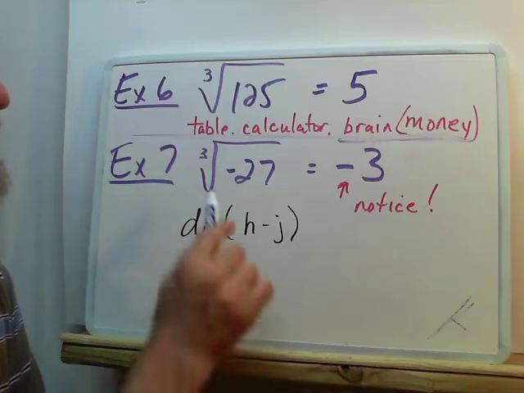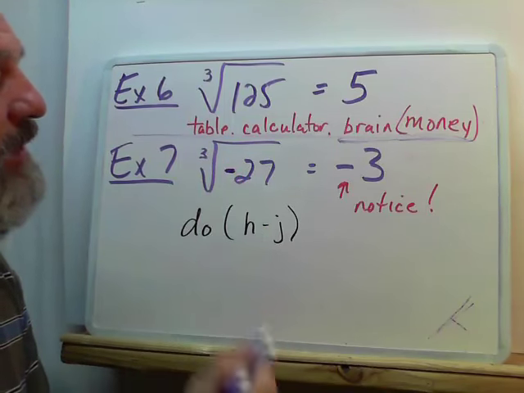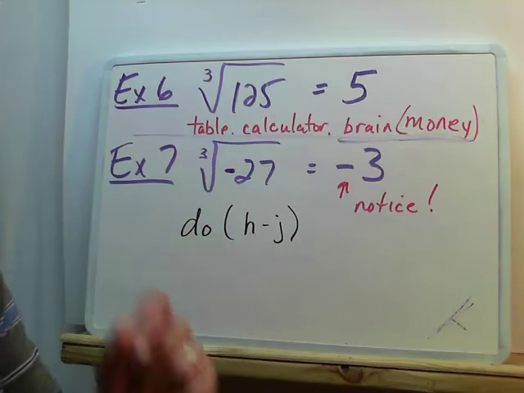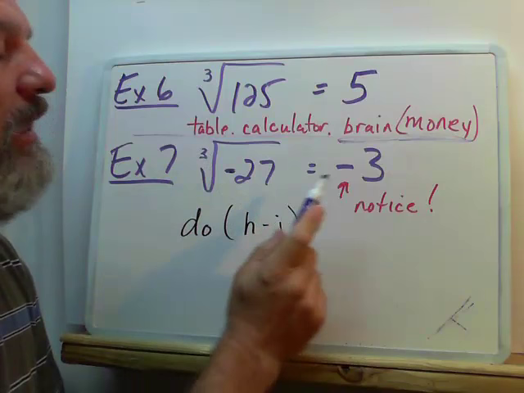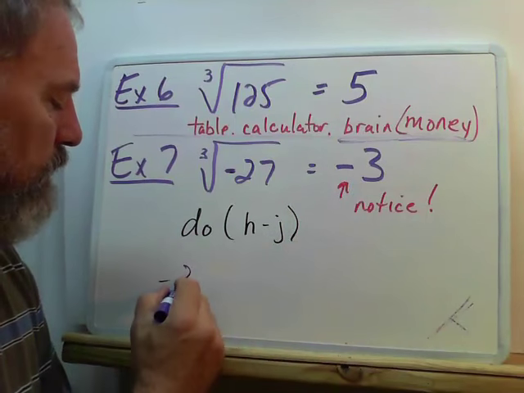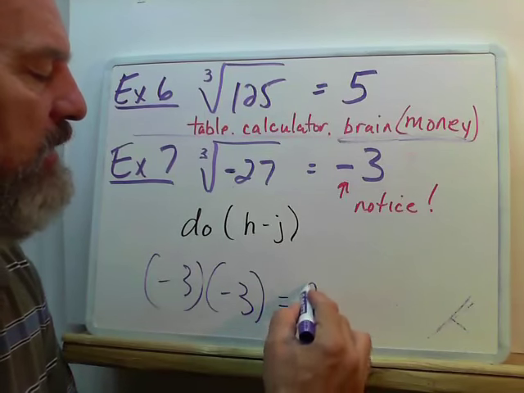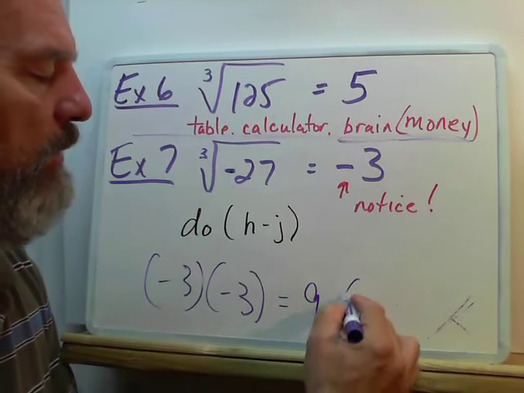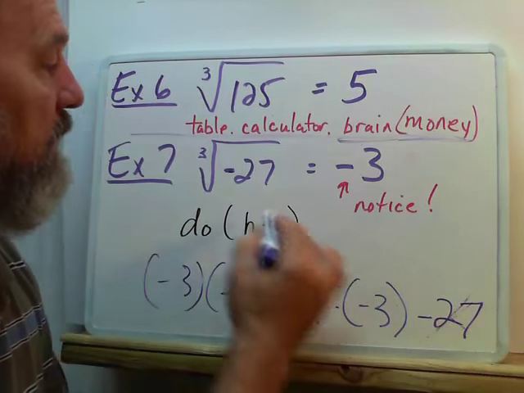Example number 7, we need the cube root of negative 27. Now you probably have noticed that there's a negative inside the radical, and you're thinking, wait a minute, there must not be any real solution. But in this case, we're looking for cube root, and there is a real solution, because we can take negative 3 times negative 3, and that equals positive 9, and then multiply one more time times negative 3, and it is indeed negative 27.